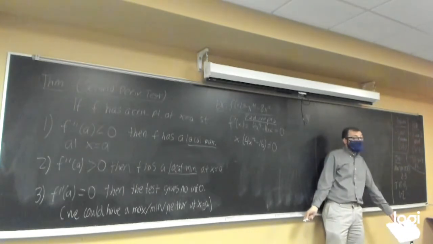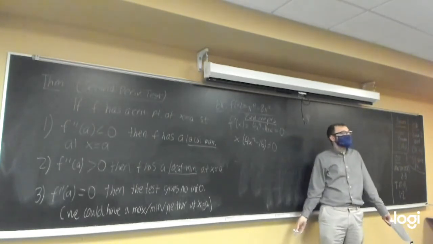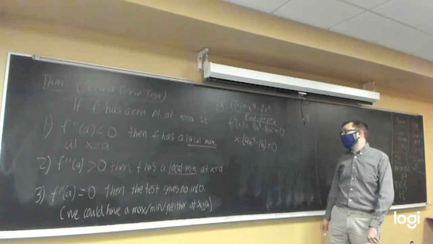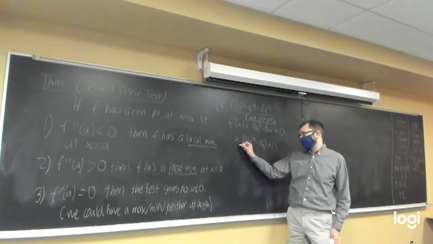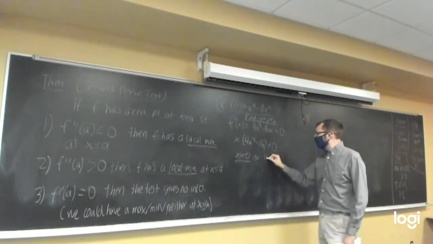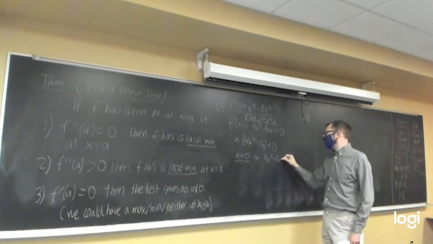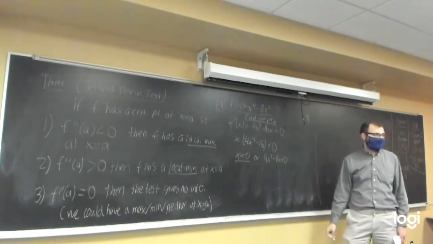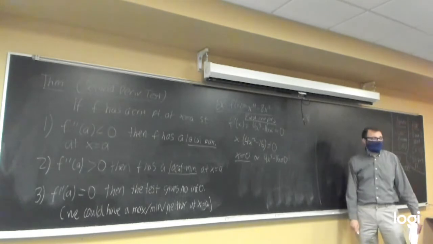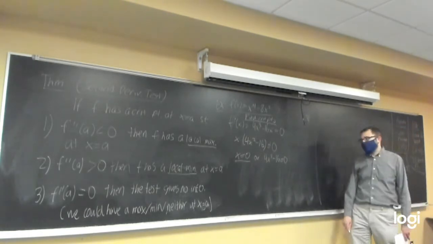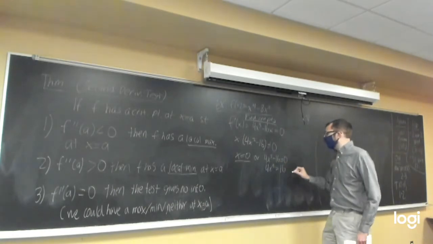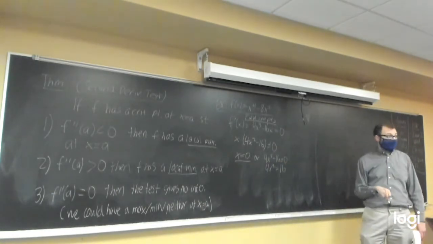And we can use the technique in math where if we multiply two things to give us 0, then one of the two terms has to be 0. So either x is equal to 0, or 4x squared minus 16 is equal to 0. And if 4x squared minus 16 is 0, we can get x squared by itself: 4x squared equals 16.